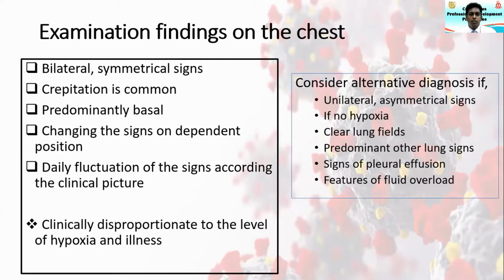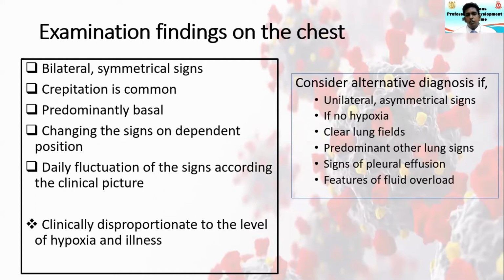For example, if you turn the patient to the prone position, the fluid will go into the ventral aspect, which becomes the dependent position. So the daily fluctuation of signs is very important to get the clinical picture as well as to detect clinical deterioration.